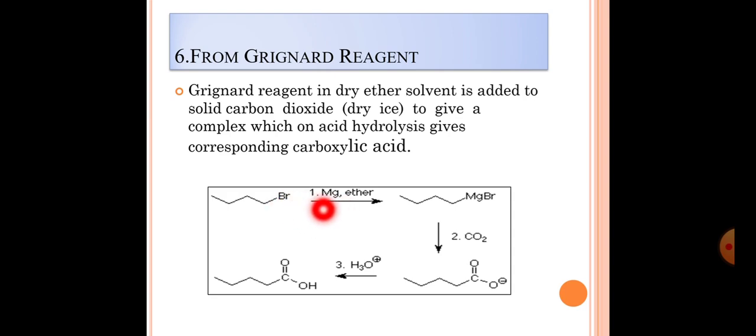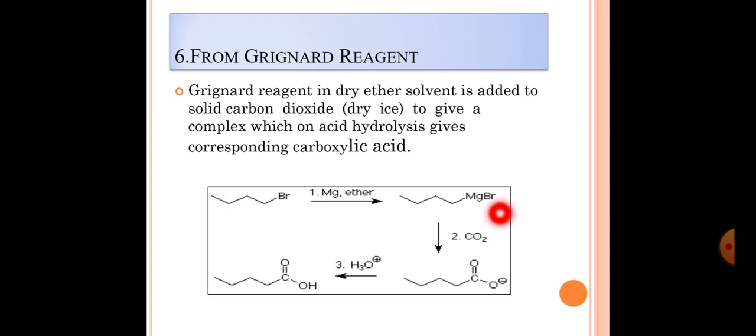When it reacts with magnesium metal in presence of dry ether as a solvent, this bromide, अल्किल ब्रोमाइड है. ये कौन सा ग्रुप है? अल्किल ग्रुप है ये. So alkyl bromide reacts with magnesium metal in presence of the dry ether solvent, it gives you the RMgBr.